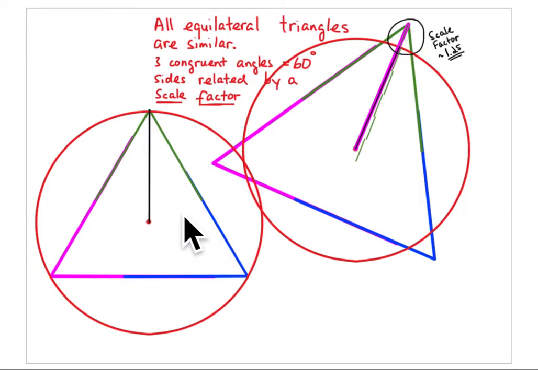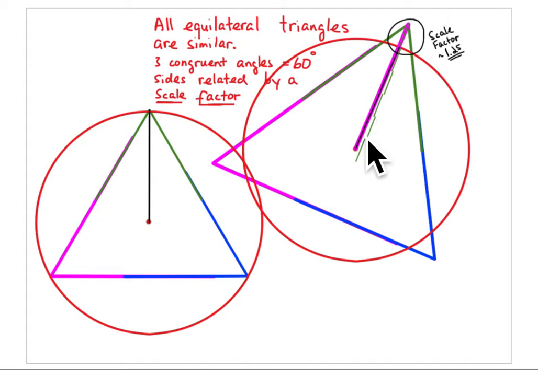So what I did is I took this length here, which is the radius of the circle, and I moved it over here. It's the radius of that same circle, but now the longer length is the length for the larger triangle. So that would be the scale factor. How much longer is this length? Well, it turns out that the scale factor is about 1.25, or about 1/4 larger.